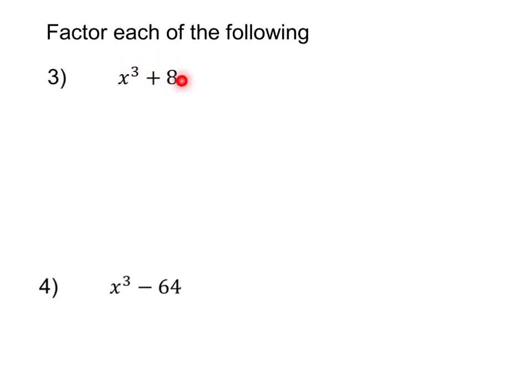In other words, recognize that as some number a cubed plus some number b cubed. In this case, it's pretty easy to see. I want you to see this as the number x cubed plus, well, 8 is the same thing as 2 cubed.